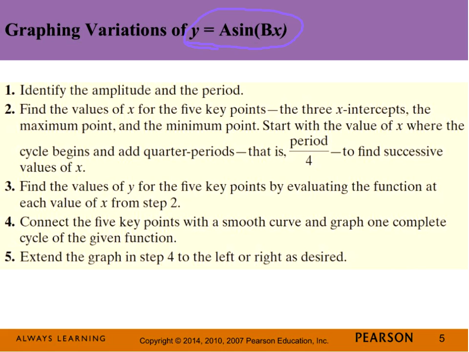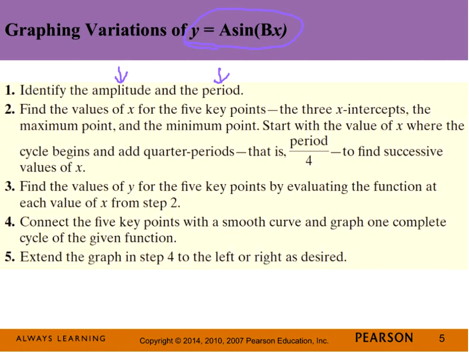So these are just your steps for graphing trigonometric functions, basically, or sine and cosine at least. So you want to identify the amplitude and the period, and when we get into the next problem, I'll tell you how to identify the amplitude without having a graph to look at, as well as the period.